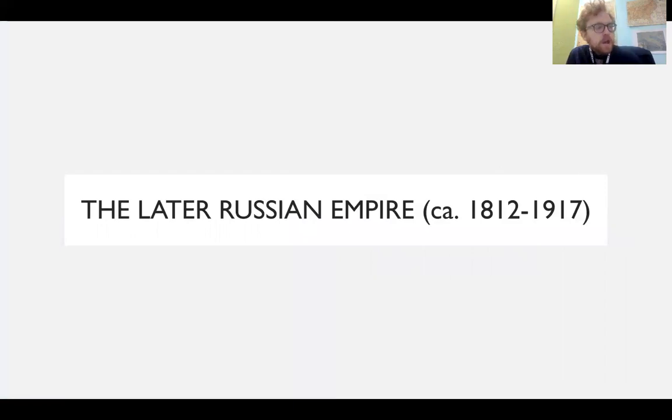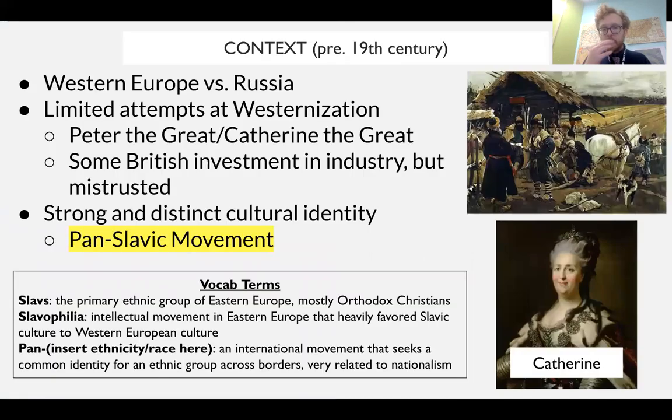Let's turn our attention now to Russia, to Mother Russia. What's going on between the early 1800s and the beginning of the 20th century with World War I and the Russian Revolution? Well, first we got to establish some context.